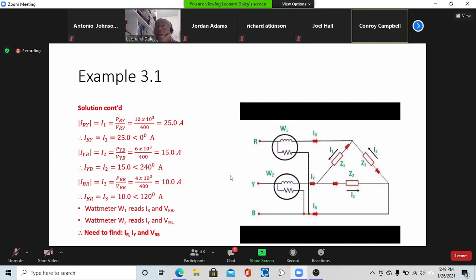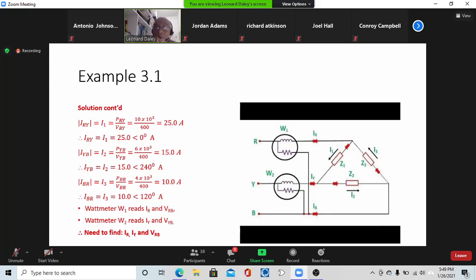So, sir, this means that if wattmeter 1's current coil was in the blue line, we would need to find IB. Right. And in that case, you would need to put the common line somewhere else. Yes, sir. In the lab experiment that we do with the 2 wattmeters, we usually connect between red and yellow, so yellow becomes the common one.